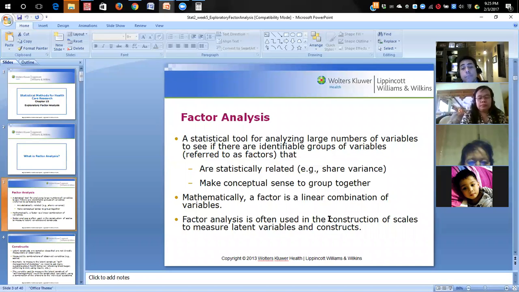But what factor analysis will do is, when you administer this tool, that's what they call where the rubber hits the road, so to speak. The work starts now.